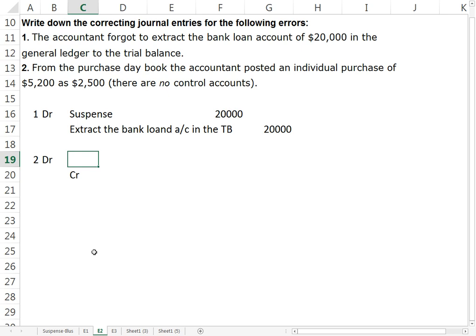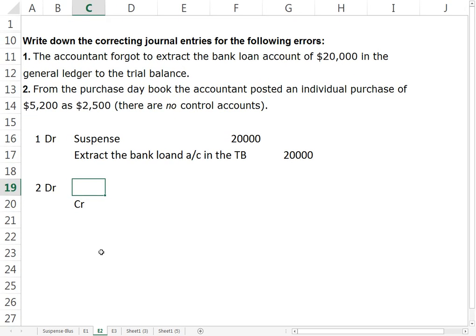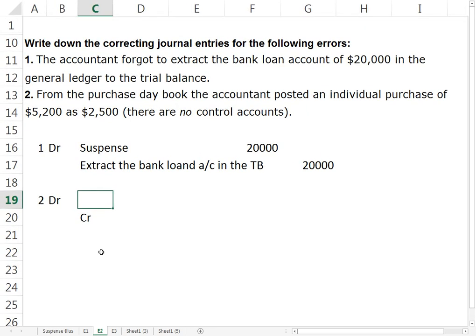And then error 2 says, let me zoom in a bit for more legibility. Error 2 says, from the purchase day book, the accountant posted an individual purchase of 5,200 as 2,500, and there are no control accounts. So as there are no control accounts, the individual accounts are kept in the general ledgers, and therefore errors made in the individual accounts will affect the trial balance.